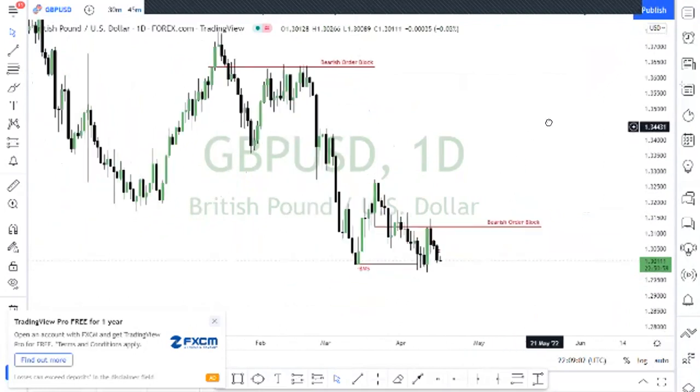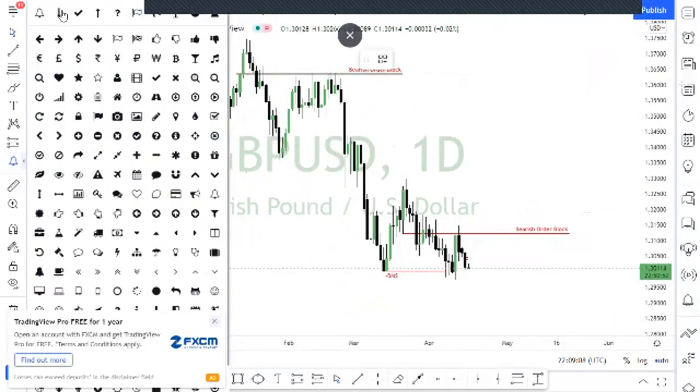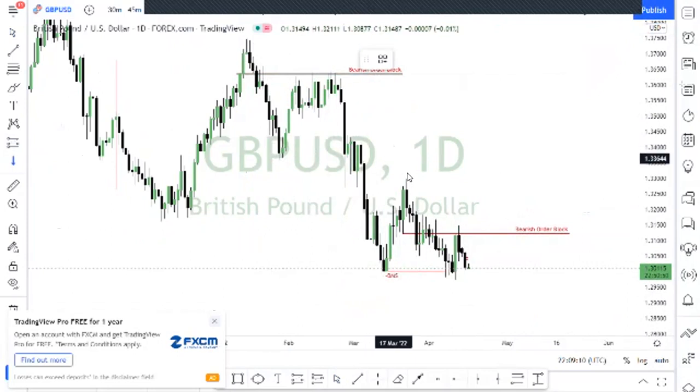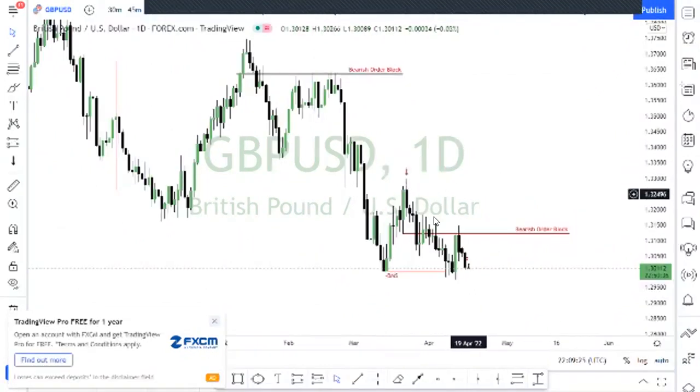Looking at the daily time frame of GBPUSD, this is the bearish order block and the swing high. This is the first candle, the second candle, and the third candle. So this right here is a swing high, and inside of this swing high, we have a bearish order block.